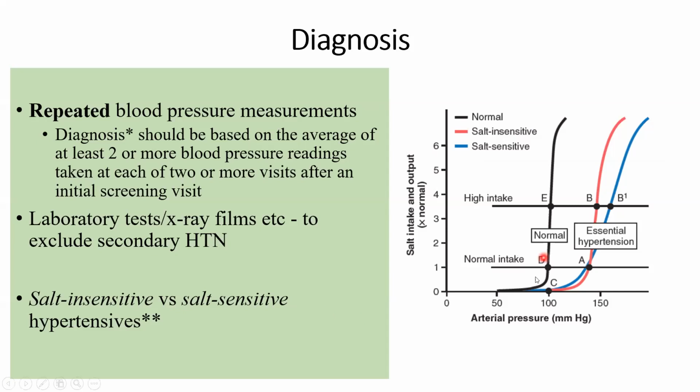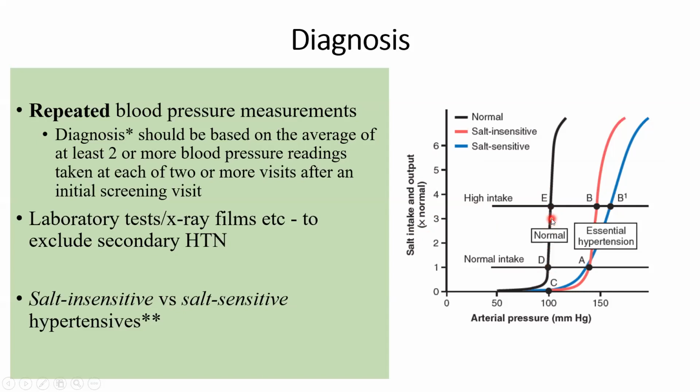And this graph is a clear testimony to that. The black curve is a normal response to high intake of salt. He's taken normal intake at point D and then increased the salt in this normal person. He just threw out the extra salt. As you can see, on that salt intake and output graph, the curve did not shift anywhere.